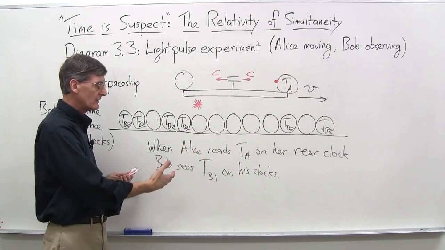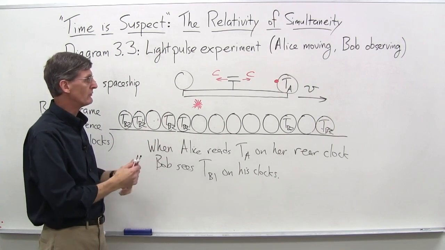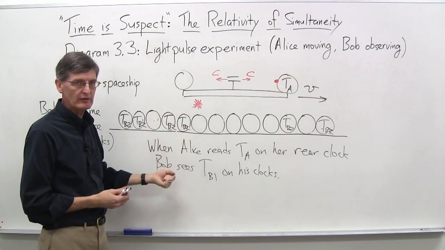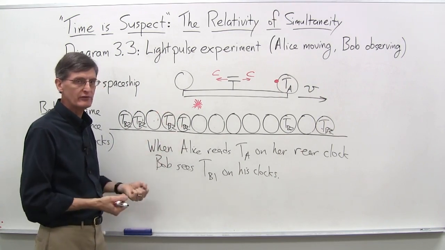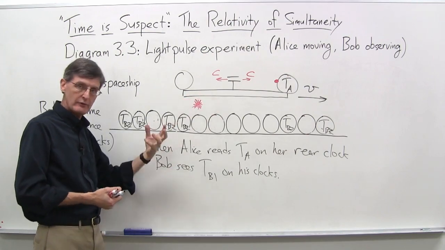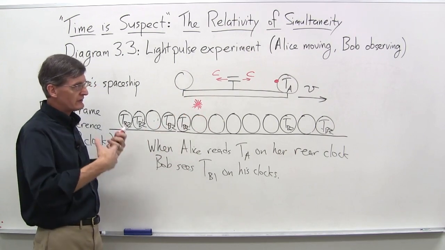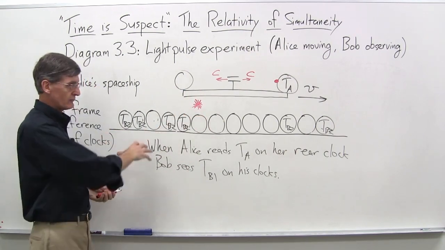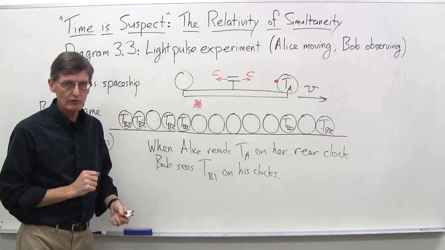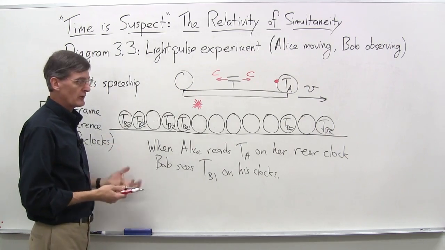And because of that, simultaneity goes out the window in terms of being an absolute thing. You cannot say two events are absolutely simultaneous. They may be simultaneous to Alice, but not to Bob, or they may be simultaneous to Bob, but not to Alice. But it was just this key insight that starts the weirdness in terms of some of the other results of the special theory of relativity.